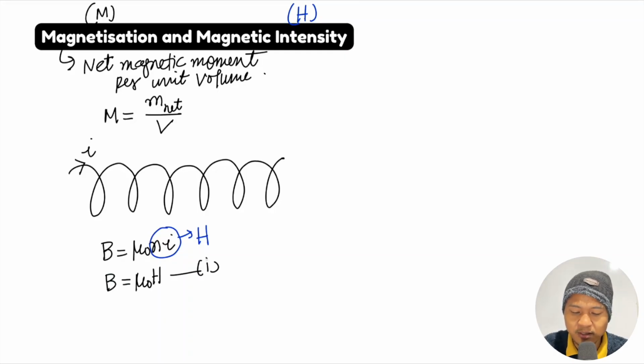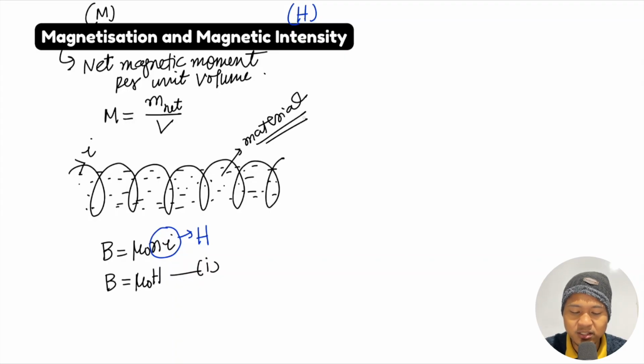Okay, equation 1. Here H means the magnetic field that is due to the current. Now if I put some other material inside the solenoid, some material is placed, and let's say it has some magnetization, that means it will create some magnetic field on its own.